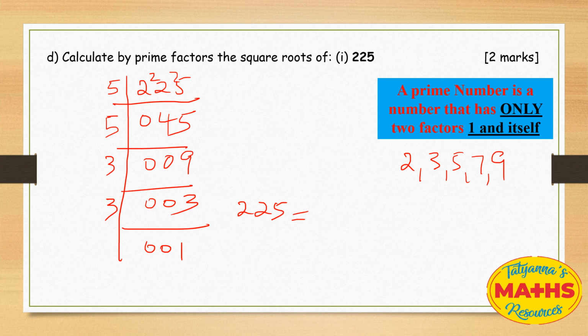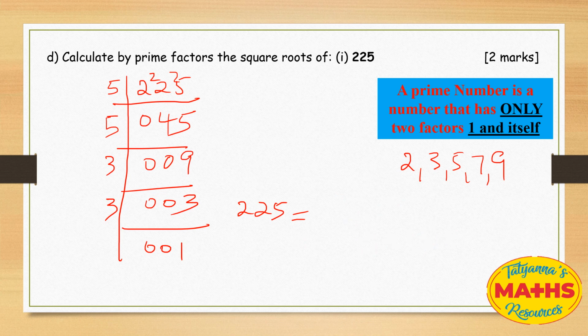225 is equal to 5 squared times 3 squared. So remember, that's because there are two 5s and two 3s. So that's going to give us 5 times 3 by 5 times 3. Or let me write it out the other way. Let me start from the beginning here.